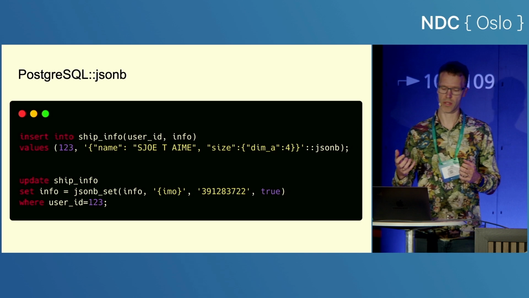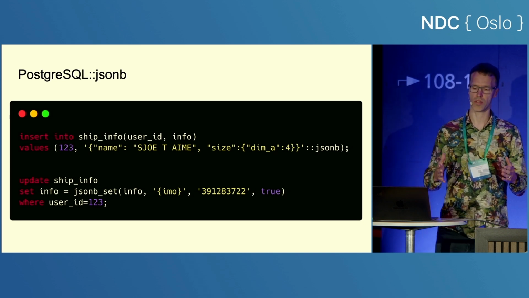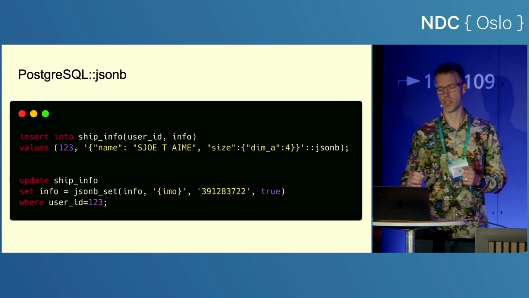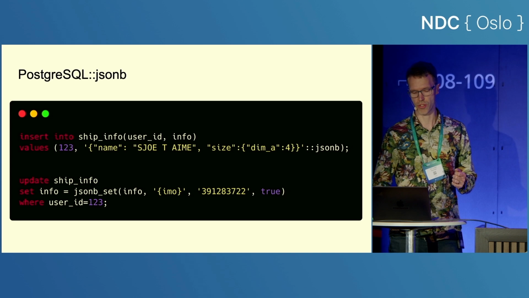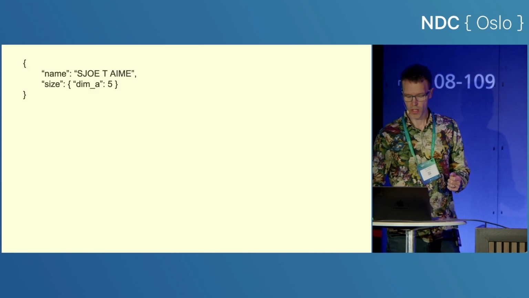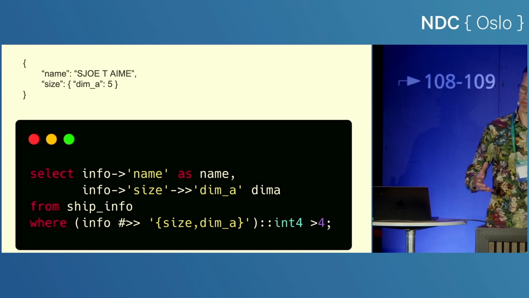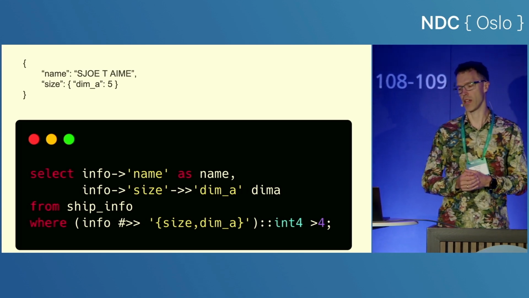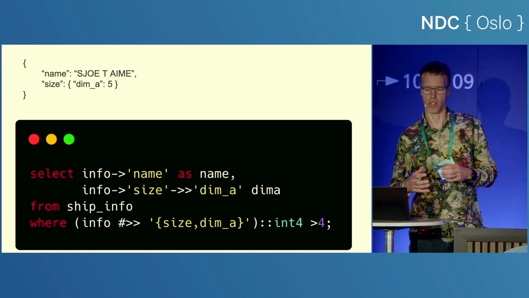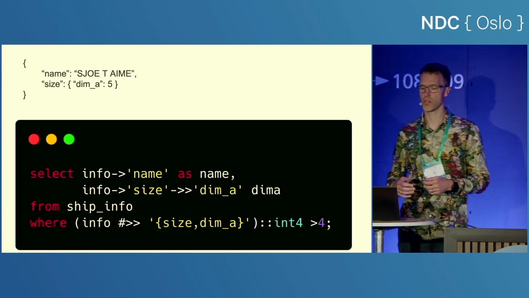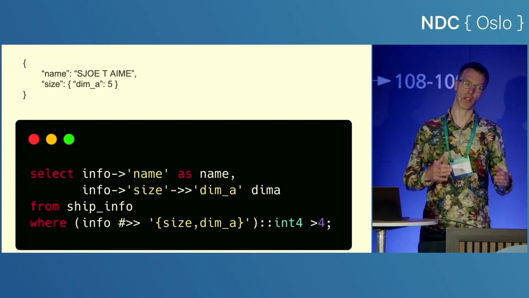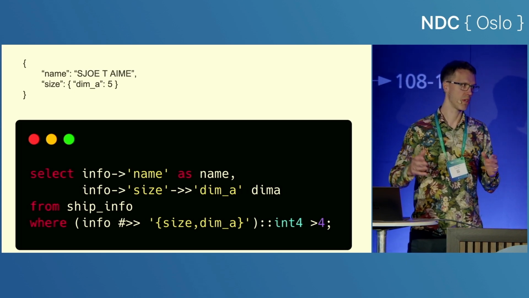To manipulate or extract stuff from the JSON payload, I use the built-in JSONB functions. For instance, if I want to extract the name and the dimension from this payload, I have to use some kind of convoluted SQL, but it's regular SQL with some Postgres syntax.